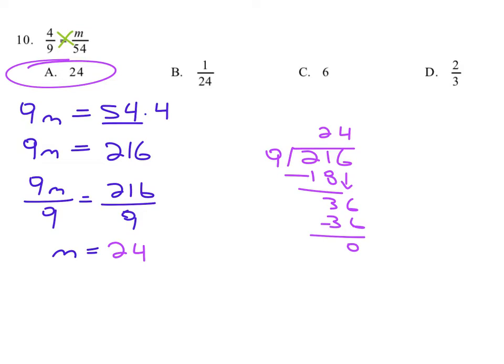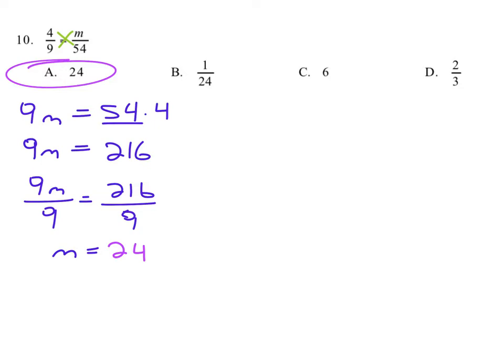Now, since we're here, I just want to show you this before we go on. As I said, I'm fond of showing you tricks. This number right here, 54 times 4, got you 216.